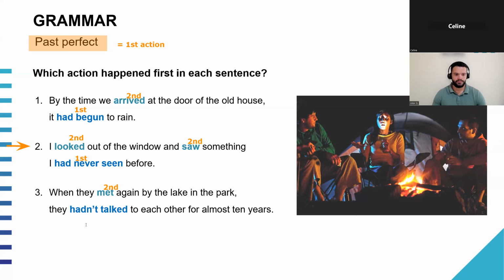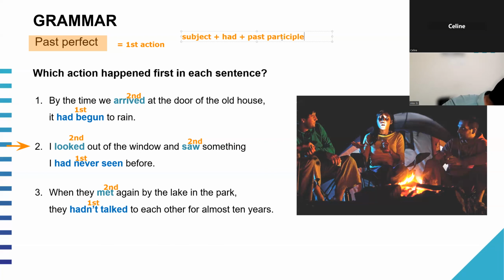They hadn't talked to each other for almost 10 years. Excellent. So remember that the past perfect, Celine, is always going to be subject plus had plus past participle, okay? This is going to be the structure for the past perfect.